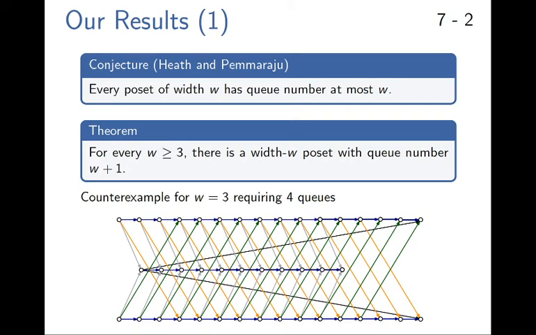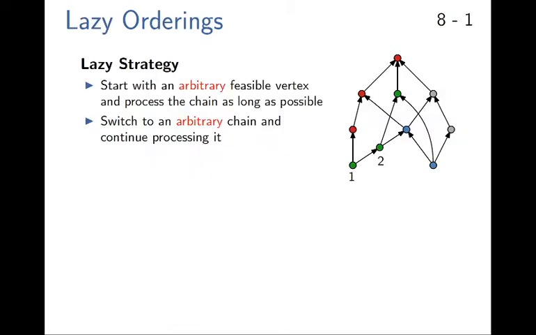Maybe there is also something positive, and we were then looking into how to construct orderings that do not require so many queues. And this is where the term lazy comes into play, and this has been coined by Knauer et al., I think. It's a very simple strategy.